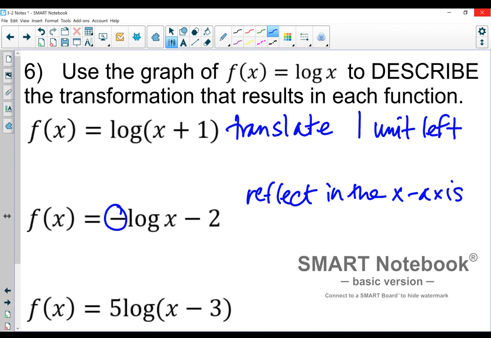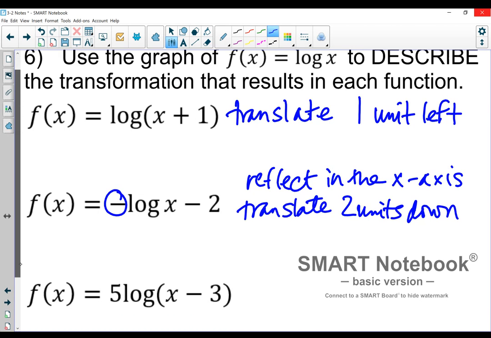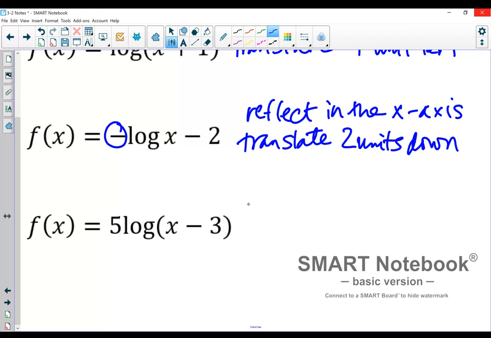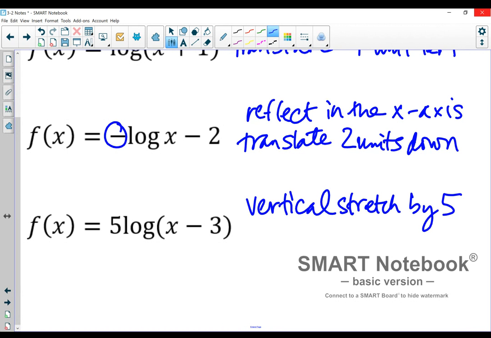And the negative 2 is going to translate it down 2. And then our last one, the 5 being multiplied is going to give us a vertical stretch by 5. And x minus 3 in our parentheses means we are going to translate 3 units right. Well, this is it for our 3-2 notes.